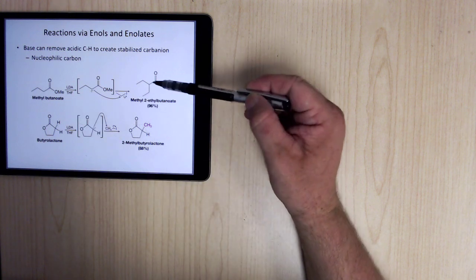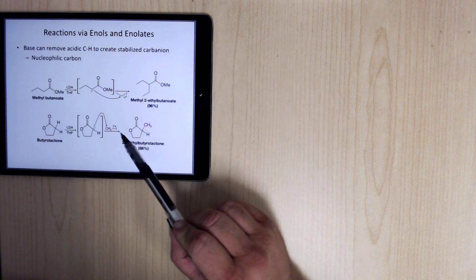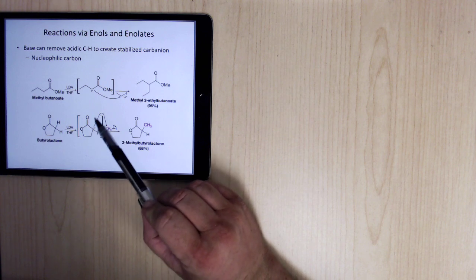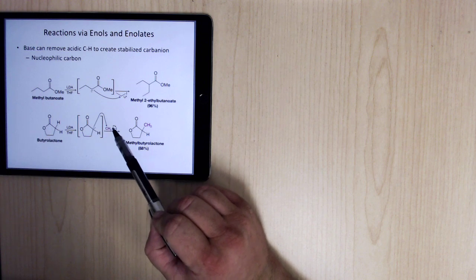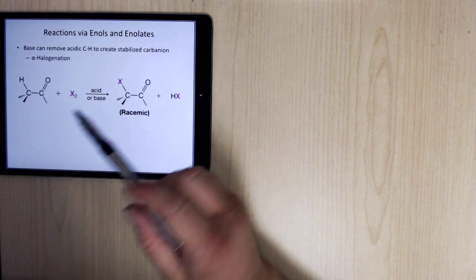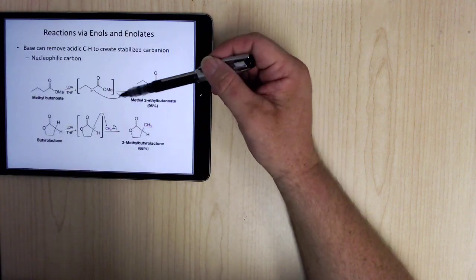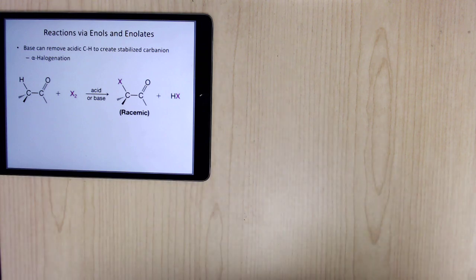So what we've done is we've made a new carbon-carbon bond here. Same thing here: with LDA, this gets ripped away, and this carbanion can come in, attack the methyl group, and kick that away. So one way we can do this is an SN2 attack. We can also do an SN2 attack if you just have a molecular halide.